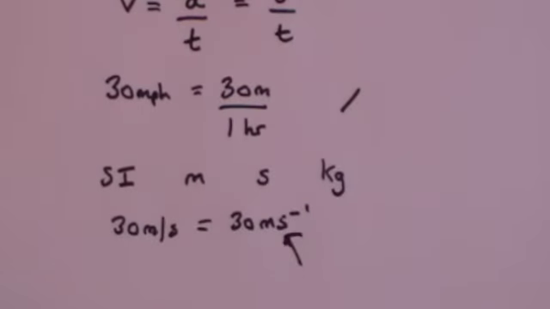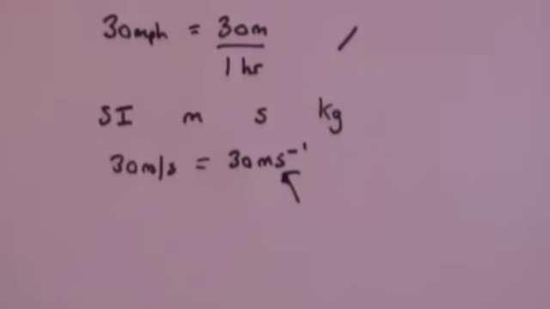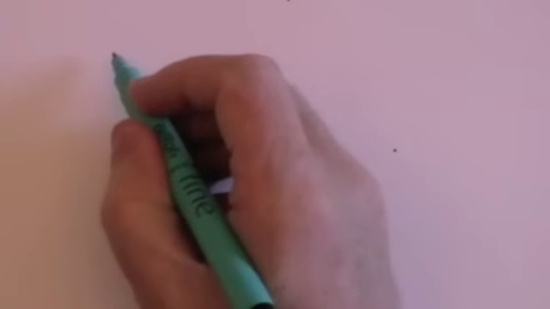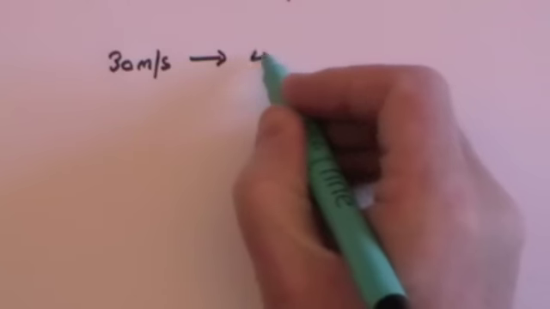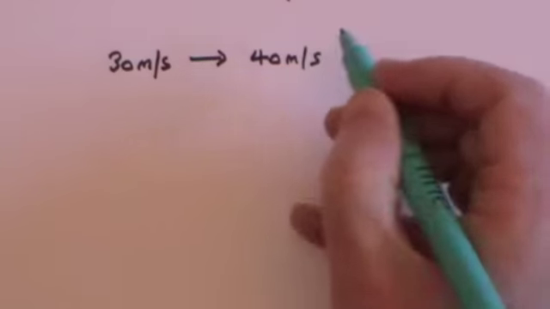Now I want us to consider what happens if we increase our speed from, say, 30 metres per second to 40 metres per second. That would be called an acceleration because we're getting faster.